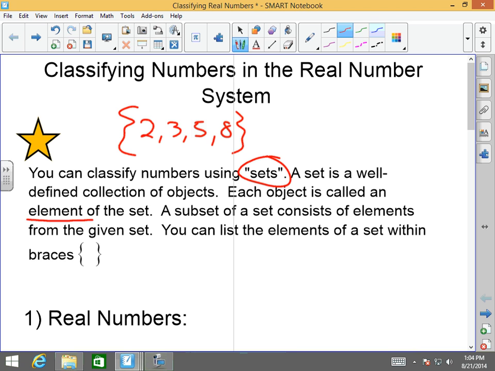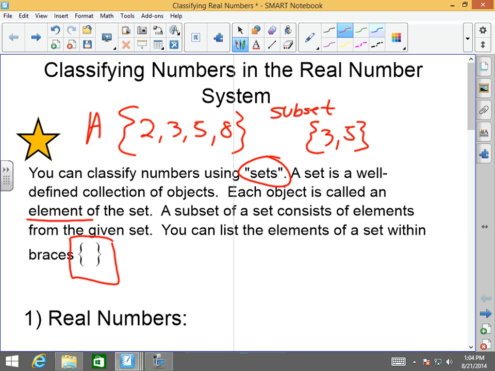But I can make a subset, and I can say the subset of set A, I want it to be the odd numbers from set A. So my subset would be 3 and 5, because that is basically a part of one set. Now, you can list the elements of a set within something called braces.